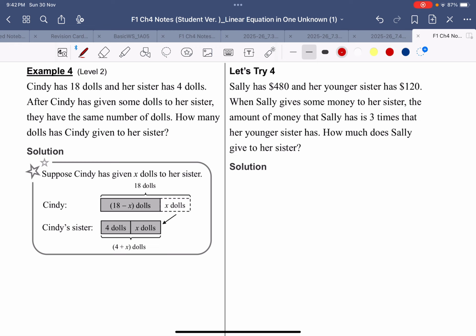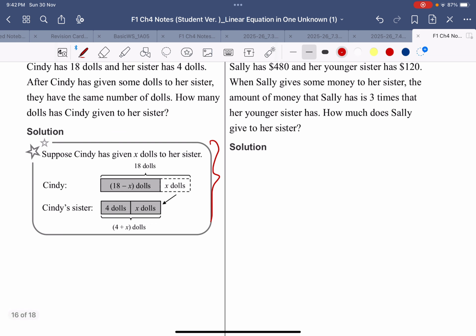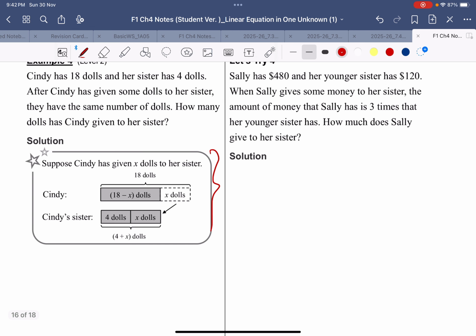Pause it. Try to draw diagrams. It has been drawn for you. Cindy has 18 doors. This bar represents the number of doors that Cindy has, 18 doors.